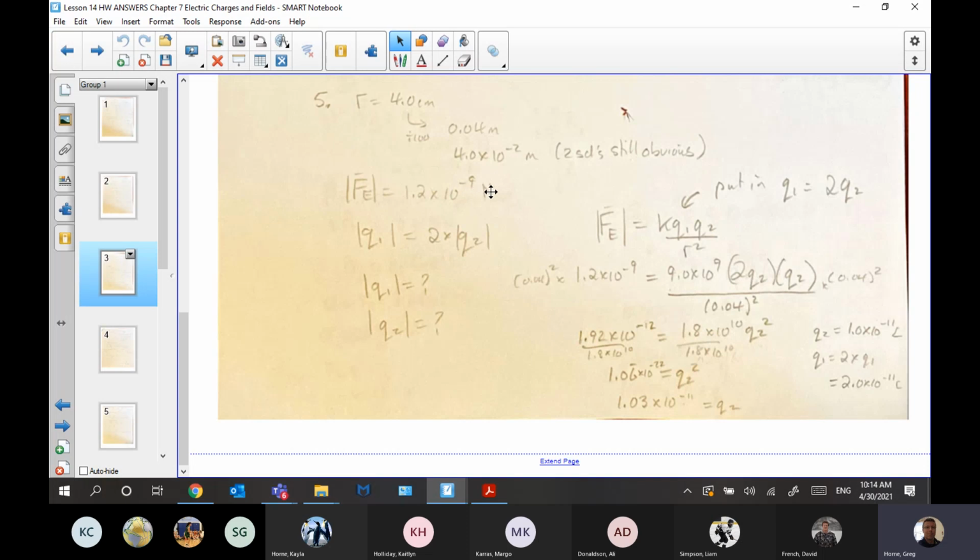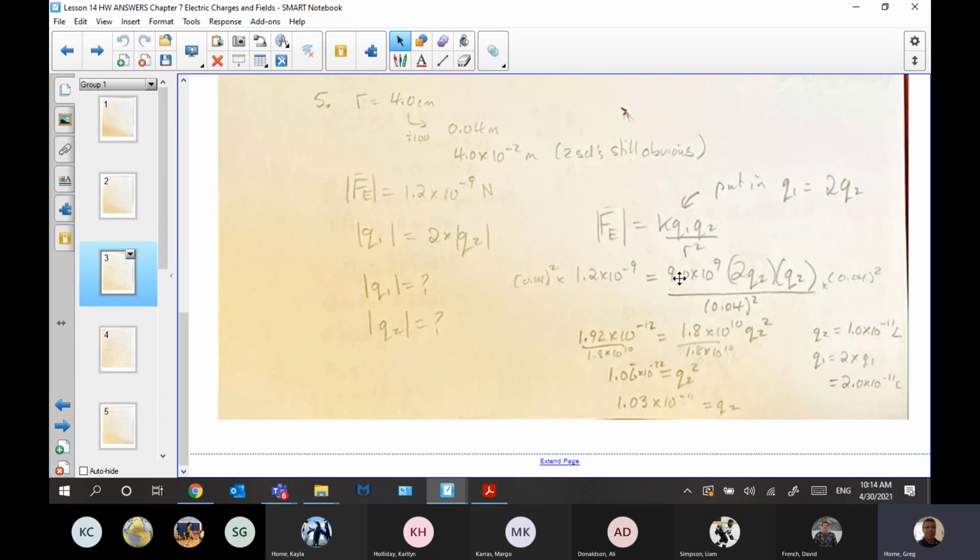Did I get to the part where you're saying you didn't know where I got it from yet? The next step here is they say that the magnitude of the charge on one sphere is twice the magnitude of the charge on the other. And so I stated that as one of them equals 2 of the other one. So the force goes into the equation for electric force.